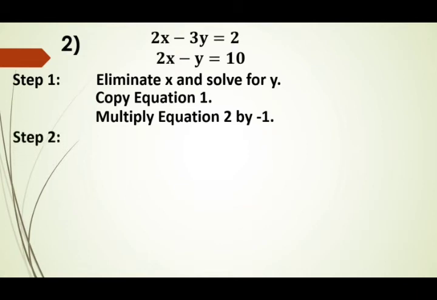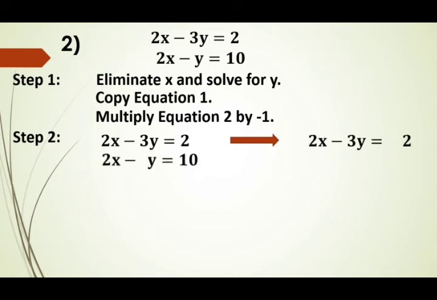So, multiply equation 2 by negative 1. Step number 2. Copy equation 1. So, here it is. Kinopya lang natin. And, yung second equation naman, imumultiply mo yung buong equation na yon sa negative 1. So, we will use distributive property in order to multiply negative 1 to the entire equation.